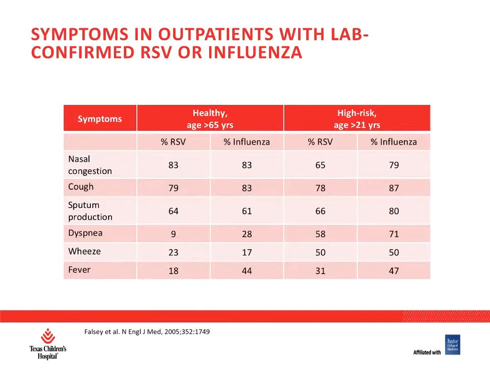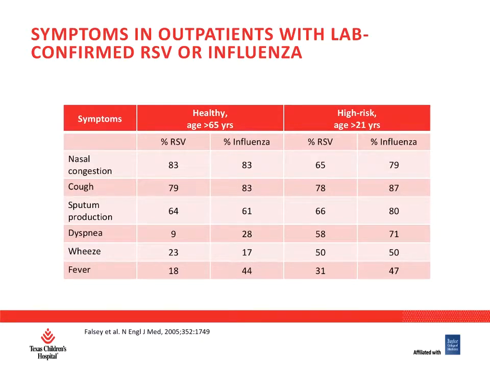In older adults, healthy patients greater than 65 years of age, or high-risk adults over age 21 with either confirmed influenza or RSV infection, if we look at their symptoms, there's often a lot of overlap between those with proven RSV and those with proven influenza.